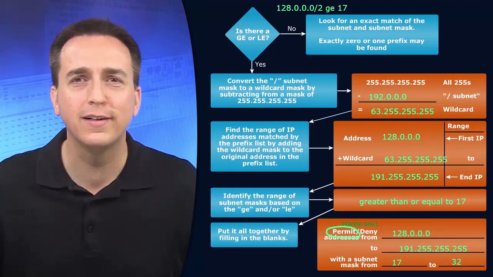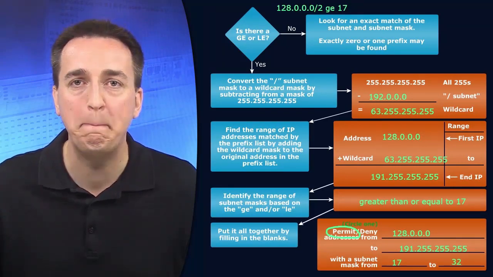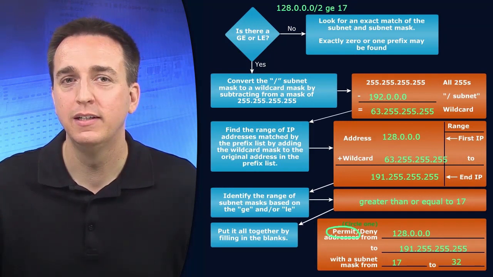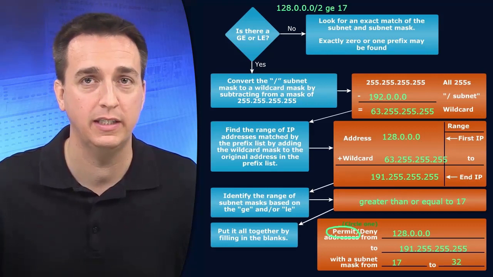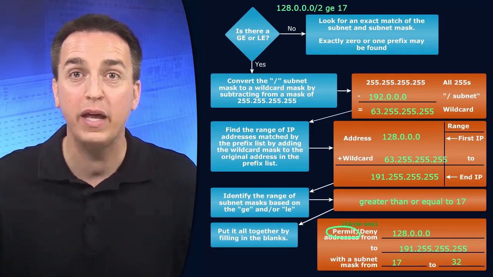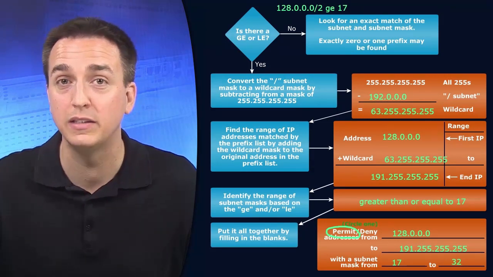Those are Class B addresses for IPv4. So we are defining a range of all Class B addresses that have been subnetted. That's right. Every Class B address that has been subnetted.